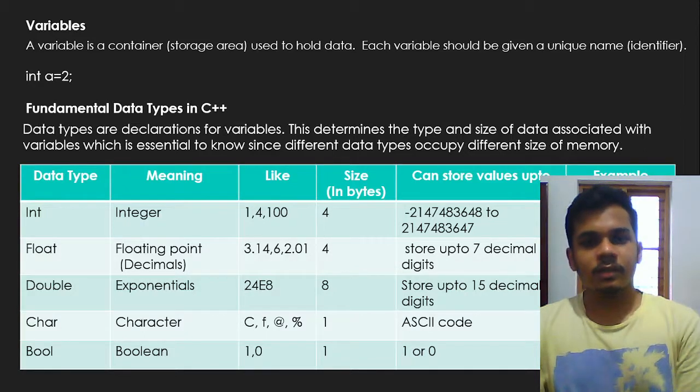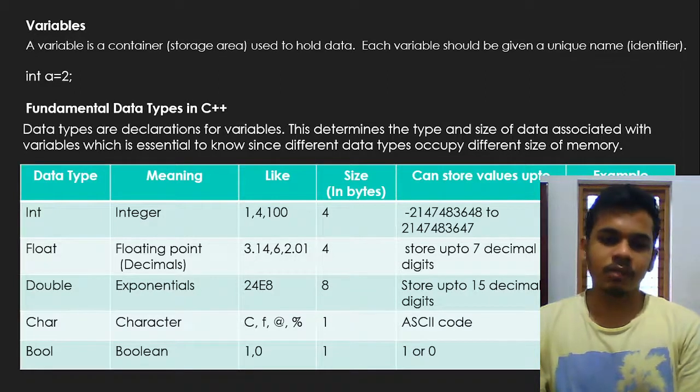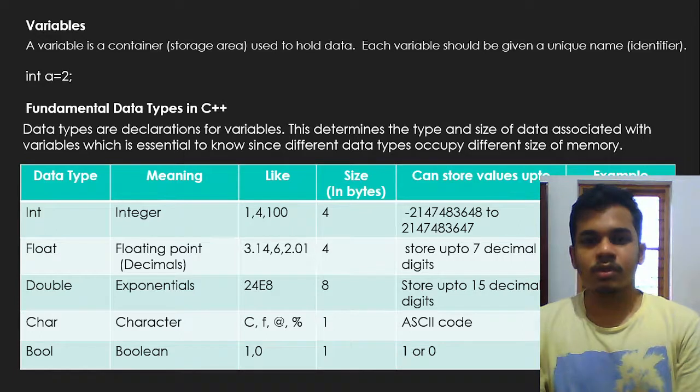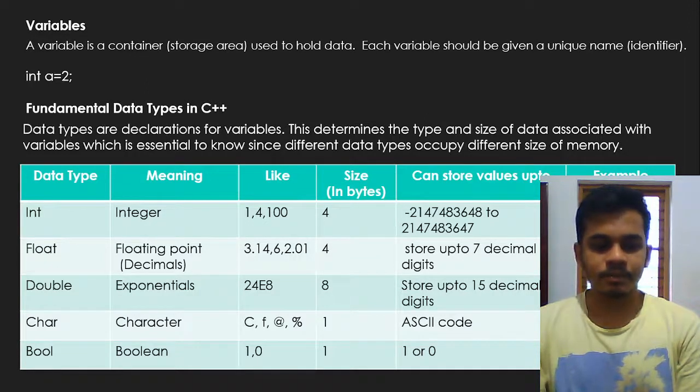Float data type basically means decimals, like pi, which is 3.14, then we have 6, then 2.01, or any decimal, and its size also is 4 bytes. It can store up to 7 decimal digits. For example, here we have a declaration where float pi is equal to 3.14. So we are assigning the value of 3.14 to the variable pi.